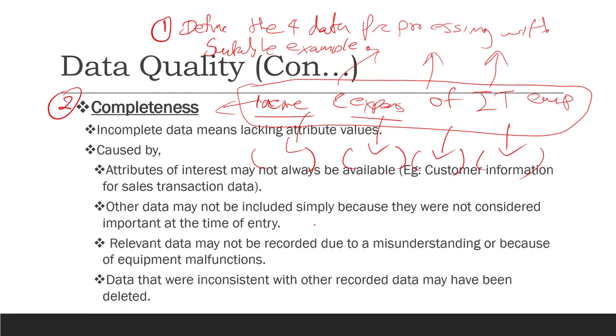Likewise, you need to find out all the possible attributes for this research. For that purpose, we are doing a thorough literature review. You need to get a clear idea about what past researchers did. Based on that, if you do those things, you are getting complete data, right?